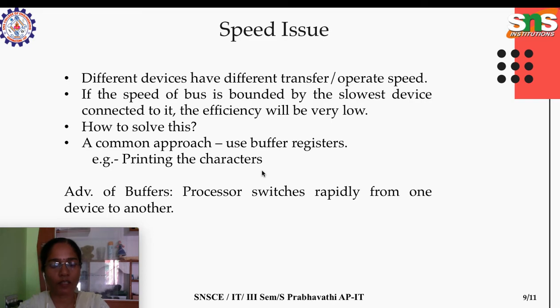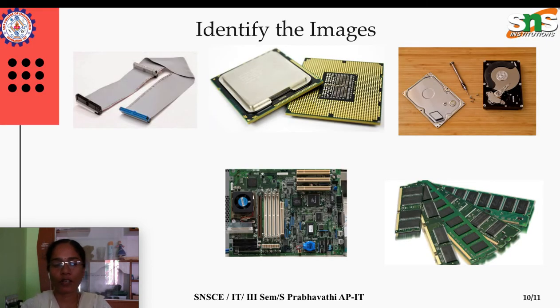In this way the processor can increase its performance by switching rapidly to other devices and performing its service. Hope you all understood the basic operational concept of executing an instruction and bus structure.